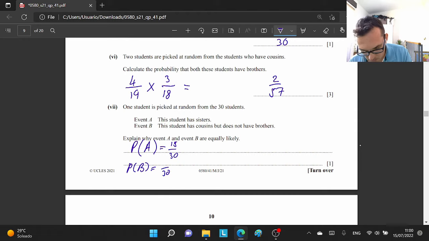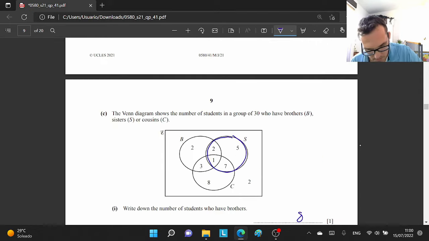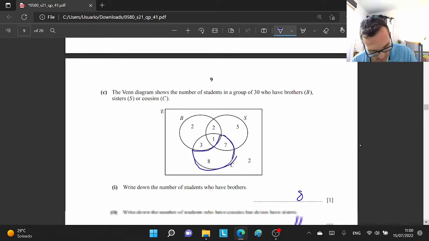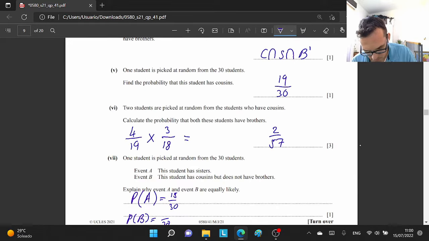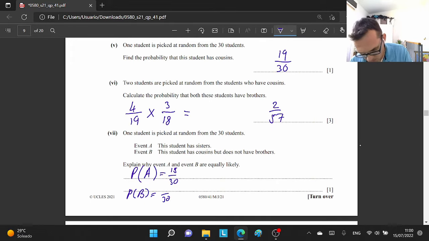Then the probability of event B happening, again, is going to be out of 30. And this time it's people who have cousins but do not have brothers. So we're looking at cousins but not brothers. There we go. 7 plus 8, 15. That is pretty clear.